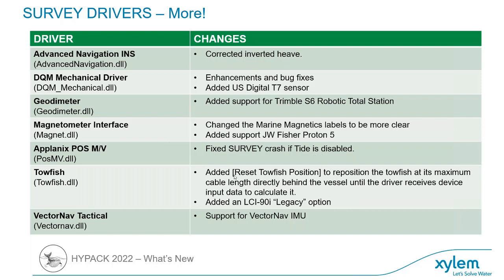Did some changes to the Towfish driver, and we added a new driver for the Vector Nav IMU. I think it's a fairly low-cost IMU, really great for drones and things like that. And we've added that in as a device driver in hardware.